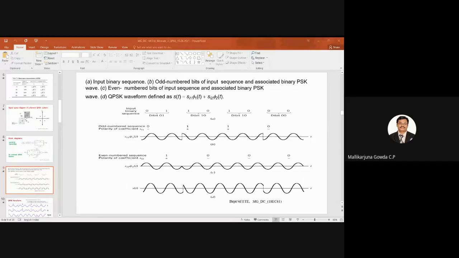Yes, I expect someone to voluntarily take up this and take 1 or 2 minutes to say in your own words, how do we get this QPSK waveform? Yes, my dear students, come forward. Okay, I will mark as per my attendance. I will call. Let me find out who is very inactive so far.